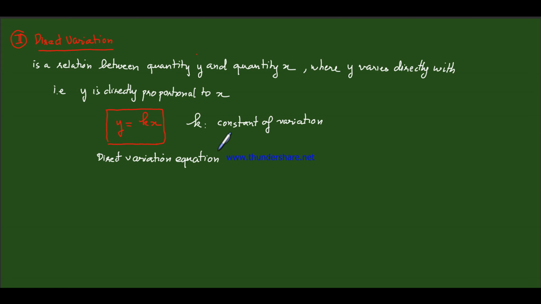Alright, direct variation equation. Do we have an indirect variation equation? Yes, we do. In that case, the constant k is under the denominator. But in this course, we don't cover indirect variation. We just need to cover direct variation. When you go to college algebra, yes, we will cover indirect variation, and it's not just a relation between two variables.